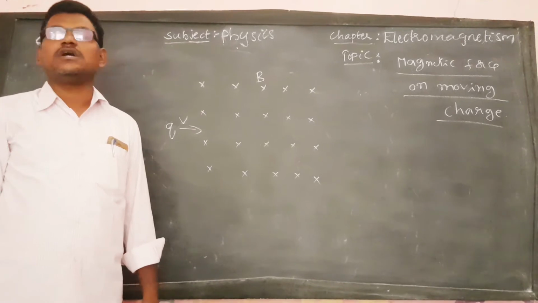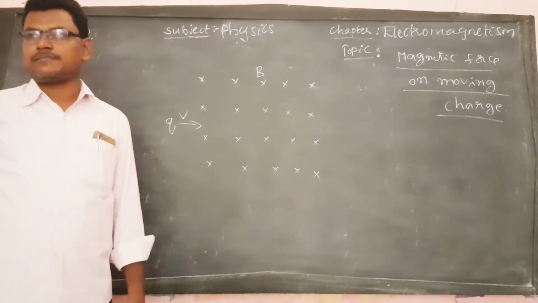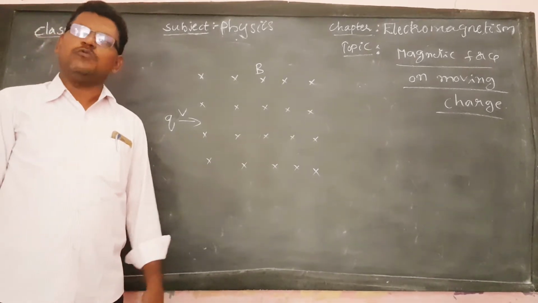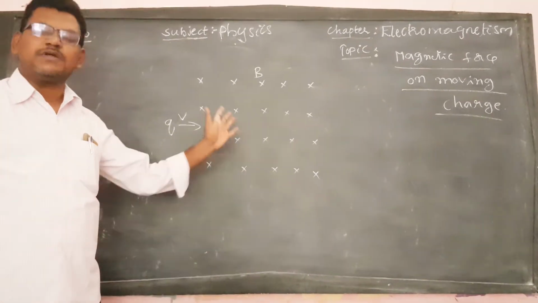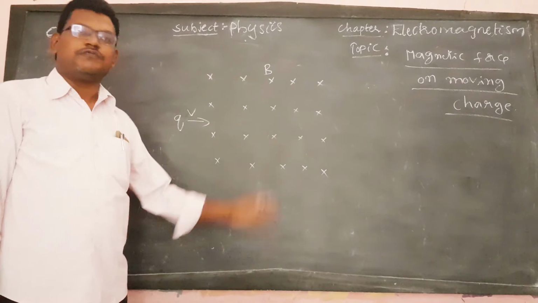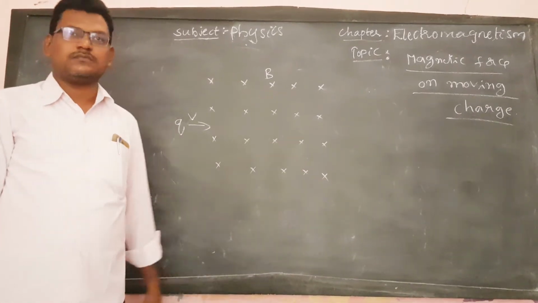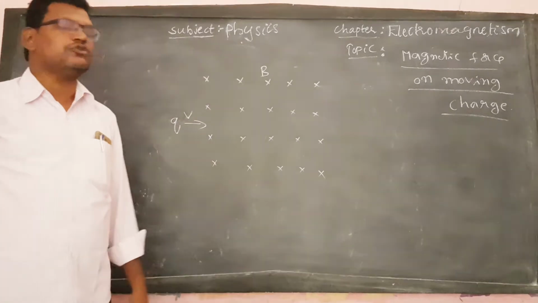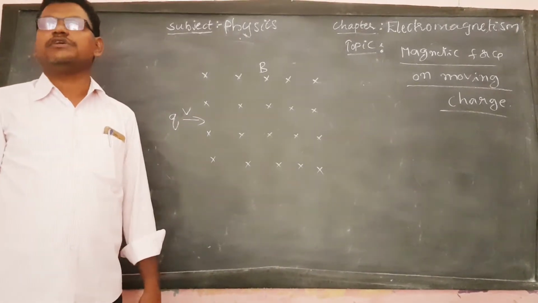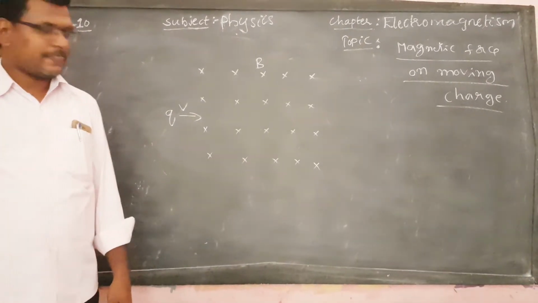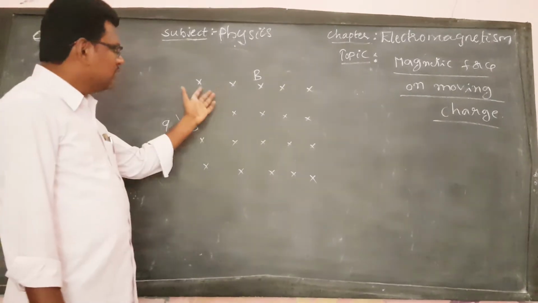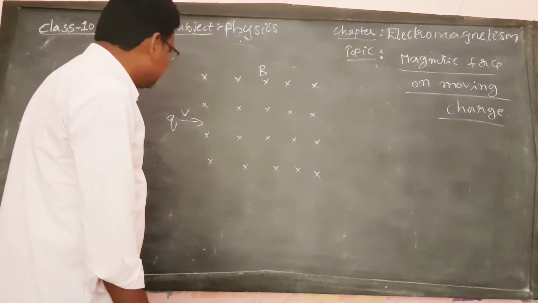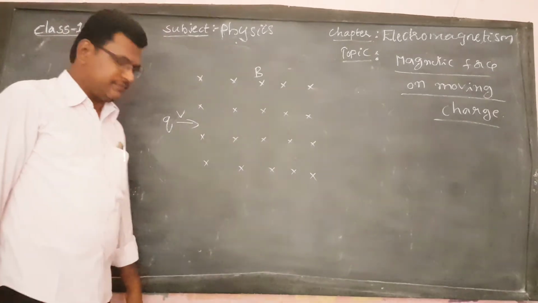If any one of strength and direction changes from one place to another place, then that magnetic field is said to be a non-uniform magnetic field. So here it is a uniform magnetic field and its direction is into the plane.